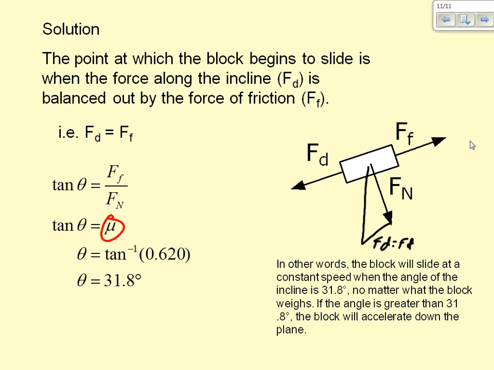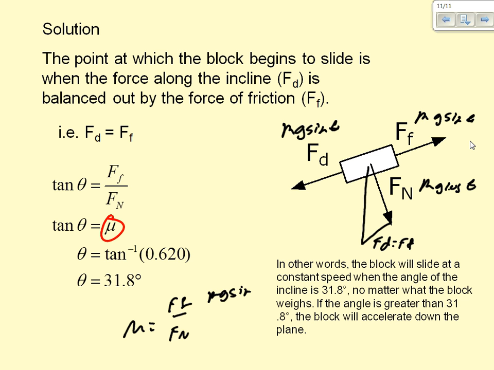FD is equal to mg sine theta, which means FF is equal to mg sine theta. And Fn we know is mg cos theta. So if I go mu equals FF over Fn, that's mg sine theta all over mg cos theta. The m's and the g's cancel, and you get mu equal to the sine of theta over the cos of theta. And sine over cos, trig identities, tan theta.